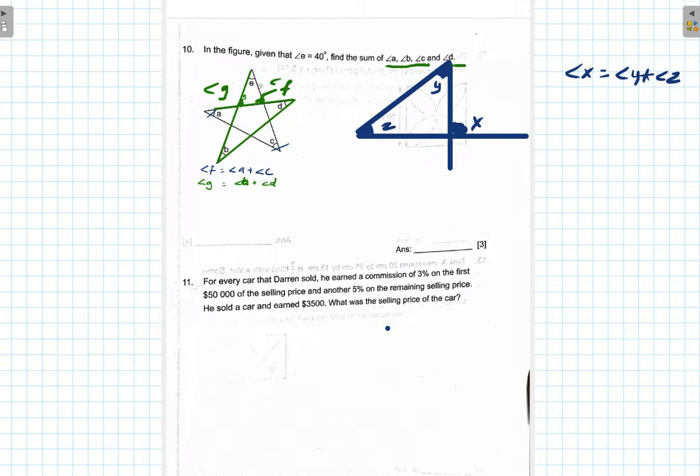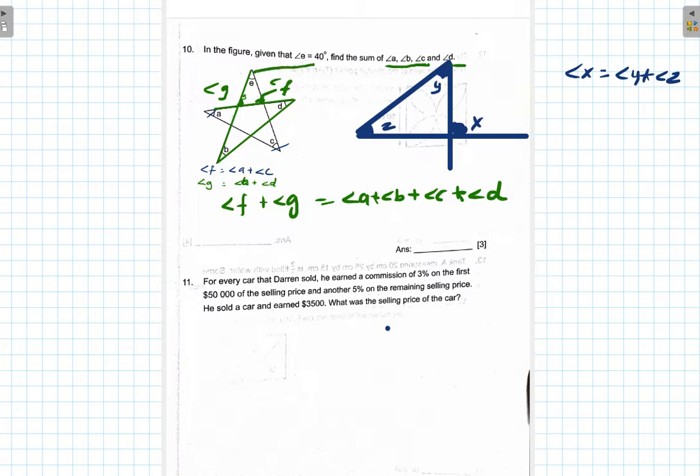So A plus B plus C plus D is actually angle F plus angle G. It's equal to angle A plus angle B plus angle C plus angle D, correct? So how do you find this angle F plus angle G?